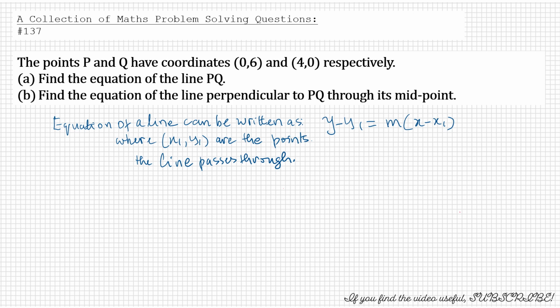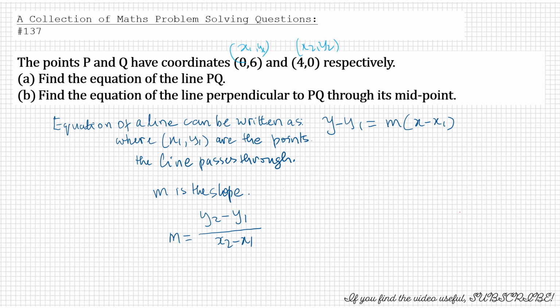You can work out m with two points: y2 minus y1 divided by x2 minus x1.